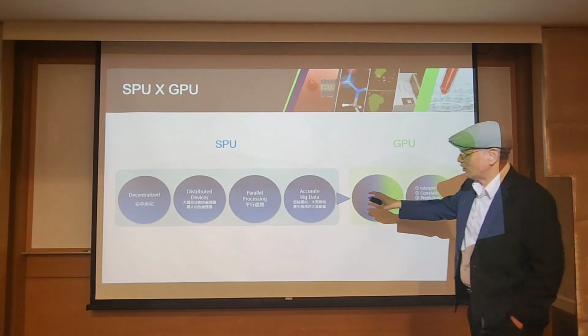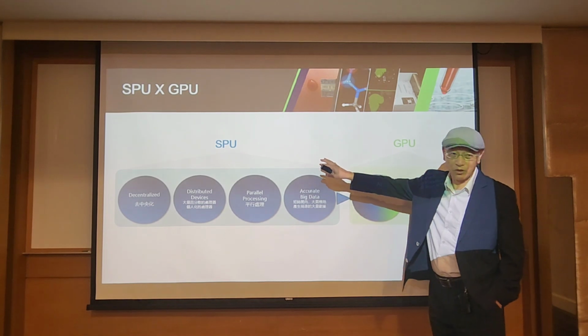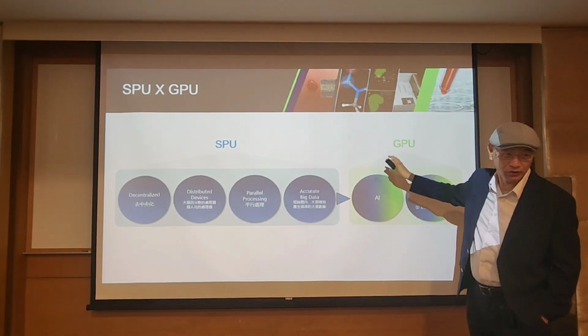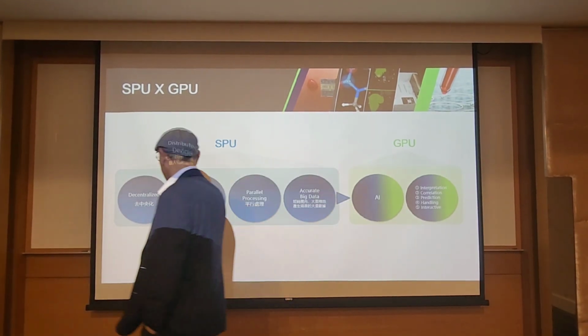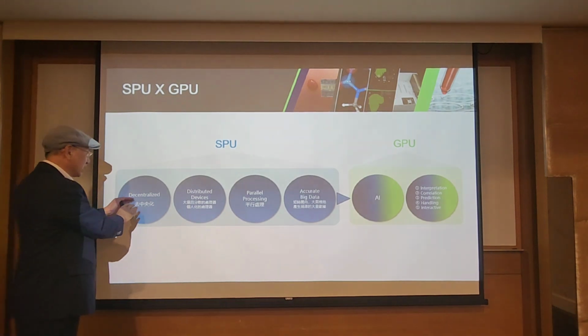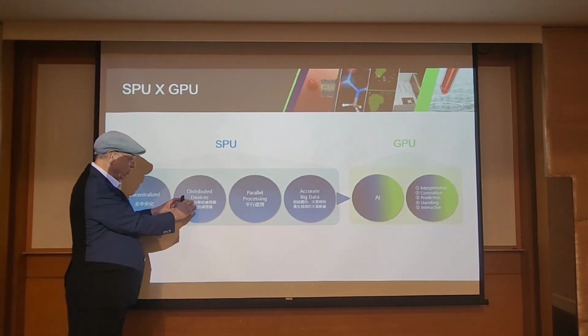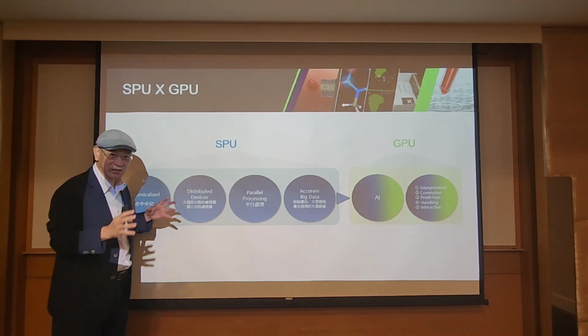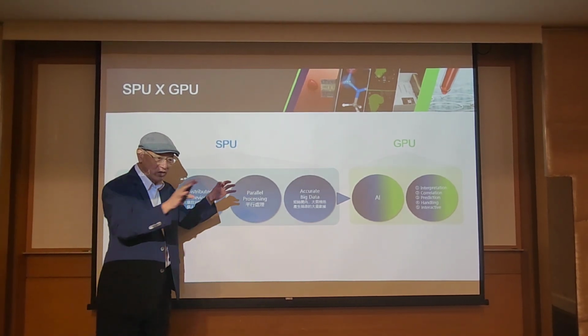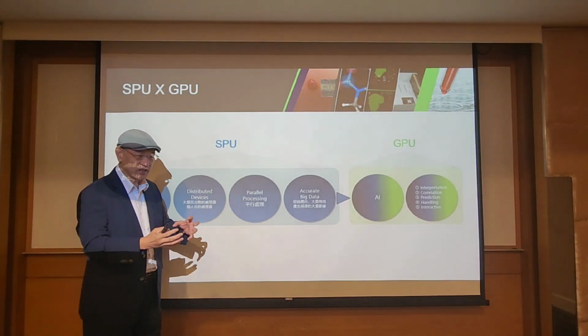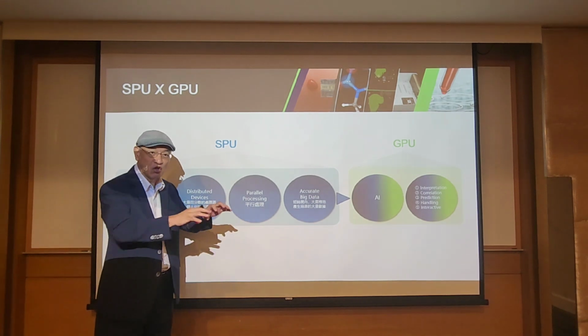So the overall way that the SPU is going to connect to the GPU is because the whole idea is decentralized medical devices, and we have all these distributed worldwide. All these devices can generate massive data because each device is localized.